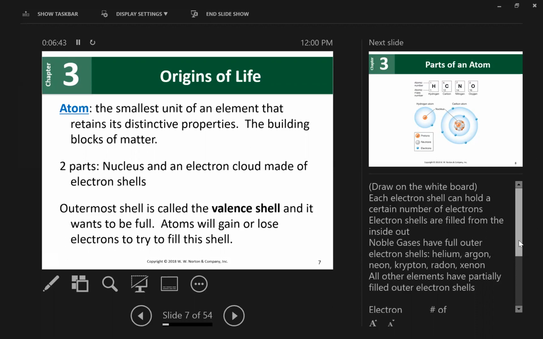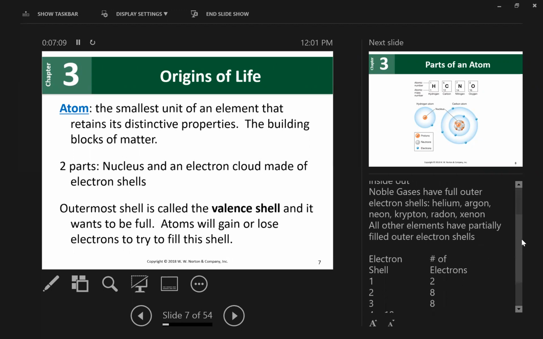And that valence shell wants to be full. If it's full, it's at its most stable. So atoms can gain or lose electrons from other atoms to try and fill its shell. And that's where we start getting the combination of atoms together to make molecules.